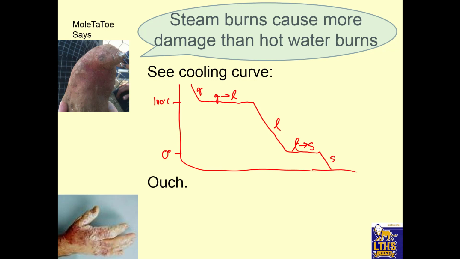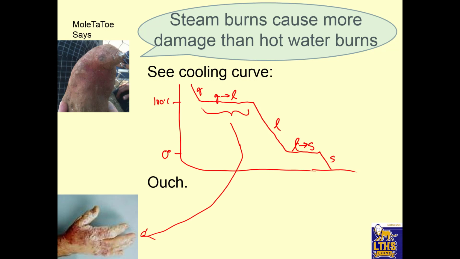So why is a steam burn worse than a hot water burn? Well, a steam burn, when the gas hits your skin, it will change temperature to get to 100, and then it will condense. And as it's condensing, this much heat is going into your skin. Ouch, right?